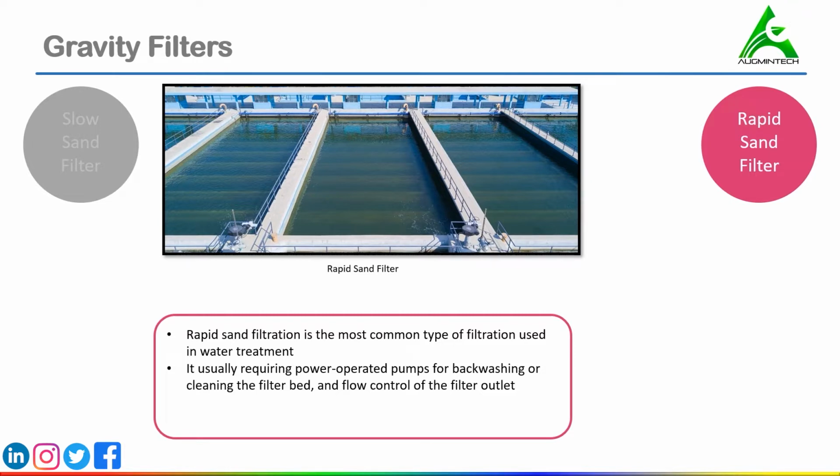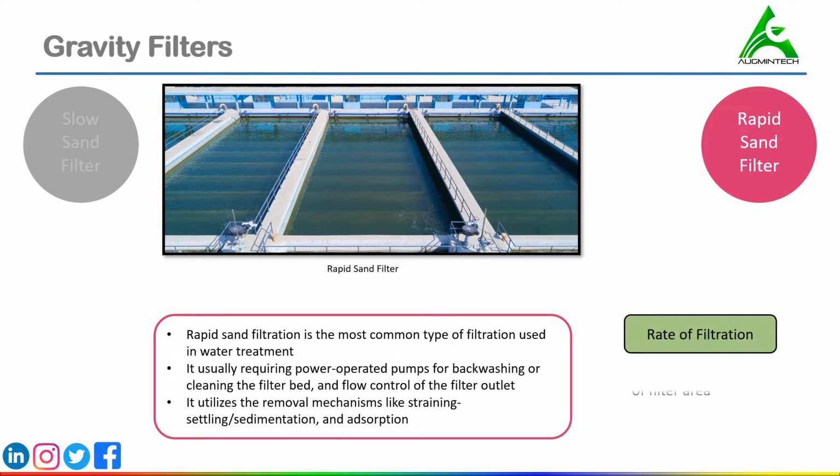A continuously operating filter will usually require backwashing about every 2 days when raw water of relatively low turbidity is used. The rapid sand filter utilizes the removal mechanisms like straining, settling or sedimentation, and adsorption.